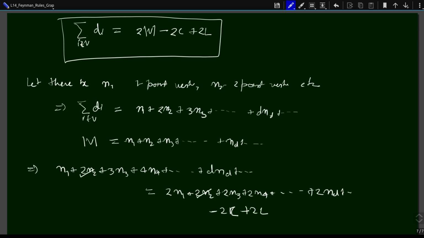So this n2 cancels on both sides. That's what I wanted to say. N2 would not appear in the expression, and I want to put n1 and all this C and L on one side and put everything to the other side.